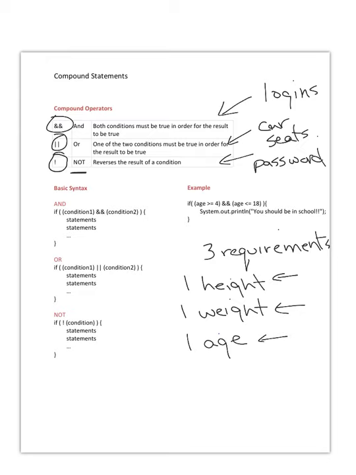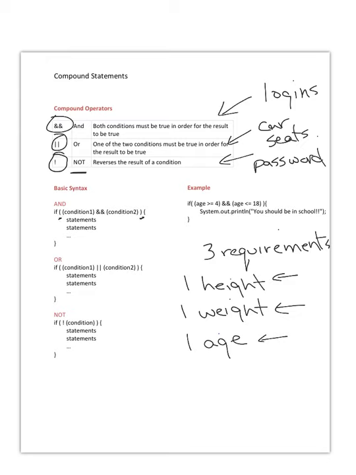Okay, so you can see the basic syntax here. Notice with an and, or any type of condition other than the not, which is a special case, you have if, and then there are actually three sets of brackets here. The first is for the if statement itself, so there's a bracket here and a bracket over here.